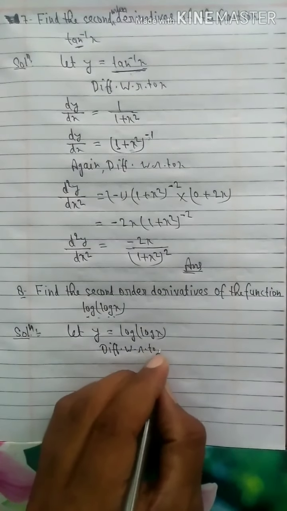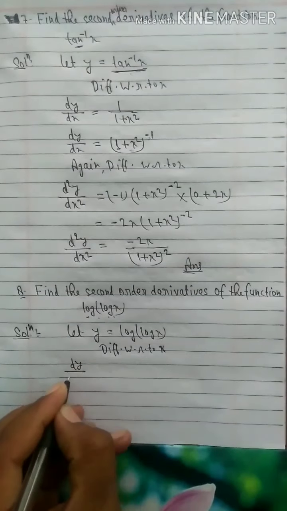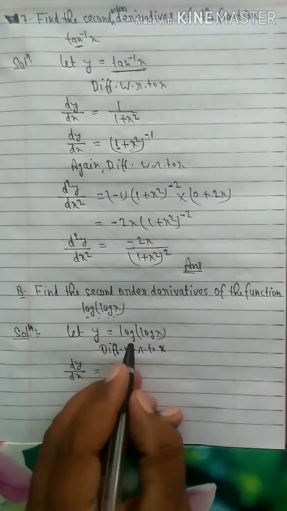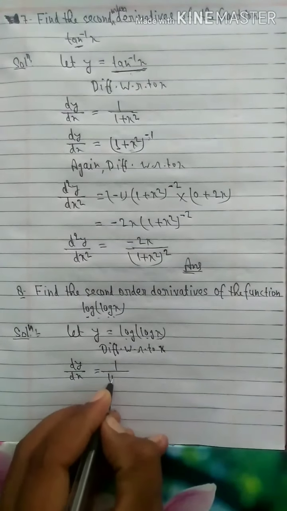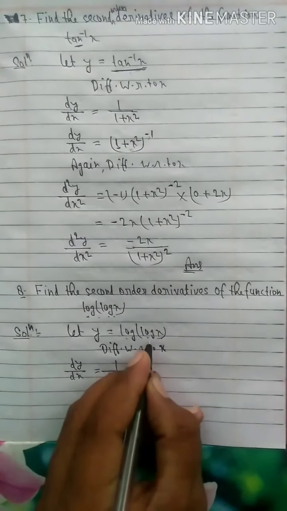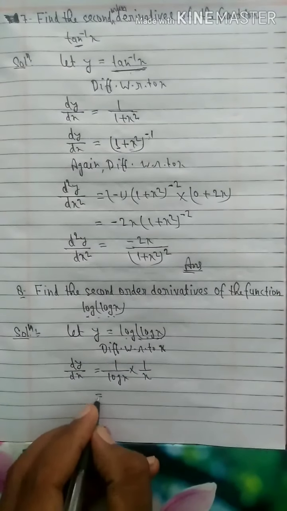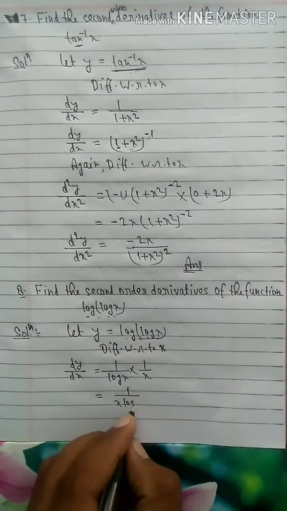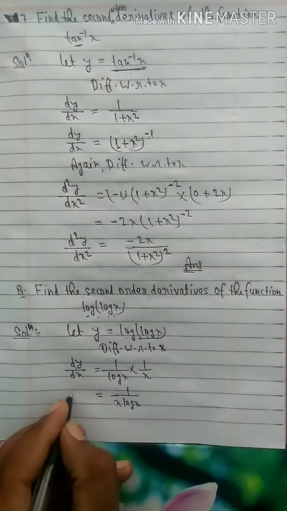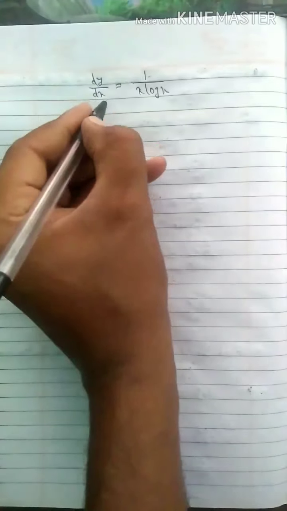Differentiating with respect to x, we can write dy by dx equal to the derivative of log x, 1 upon log x into the derivative of log x, which is 1 by x. So now we can simplify: 1 upon x log x. This is the first order derivative.